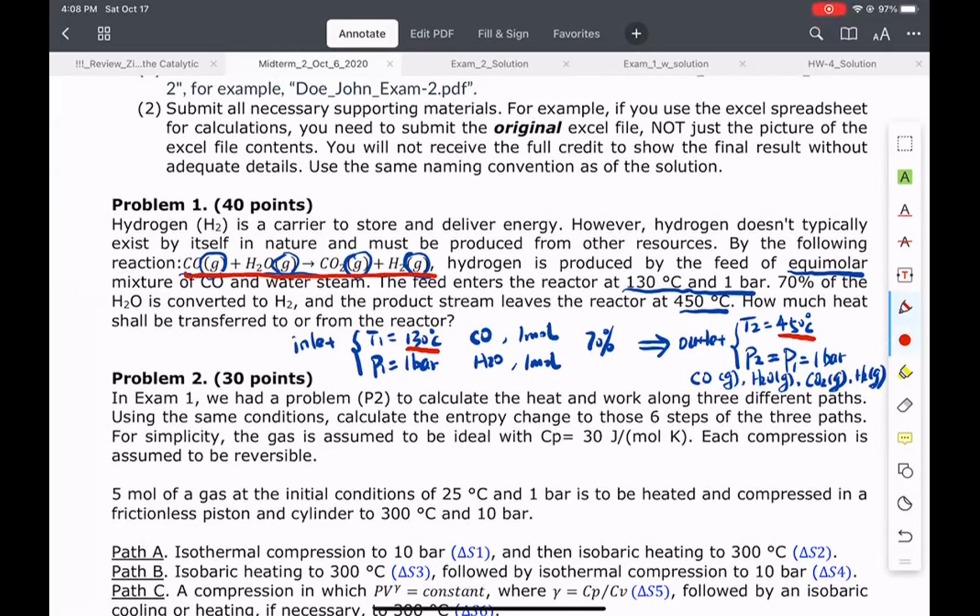So the problem should be straightforward, and I double checked homework 4 to make sure that we have been exposed to this type of problem and have practiced along those concepts. And the answer is indeed yes.